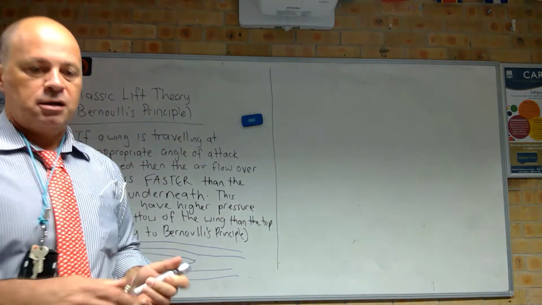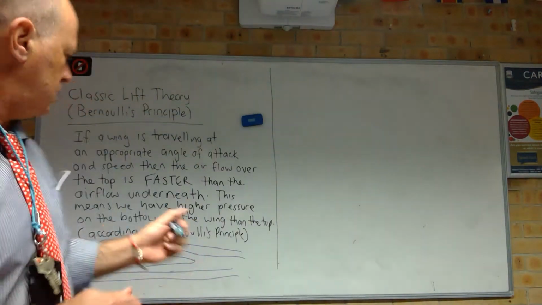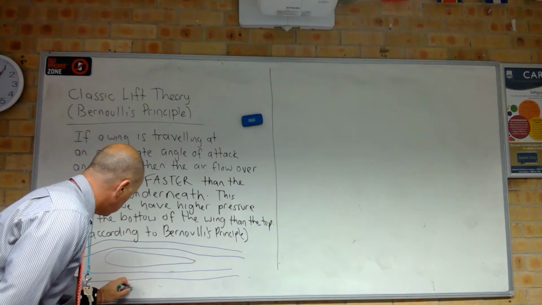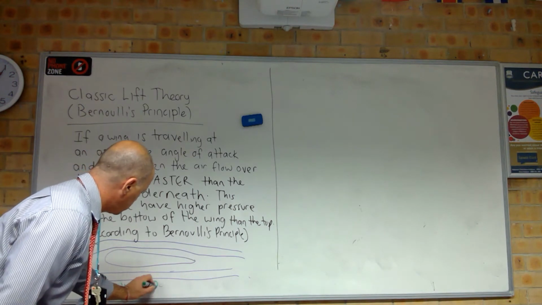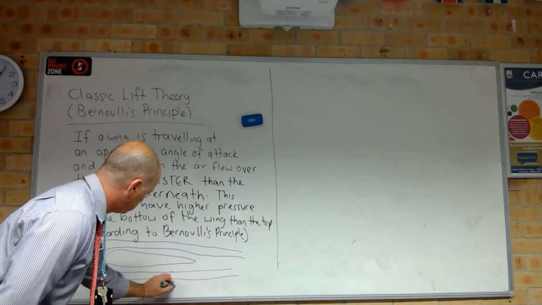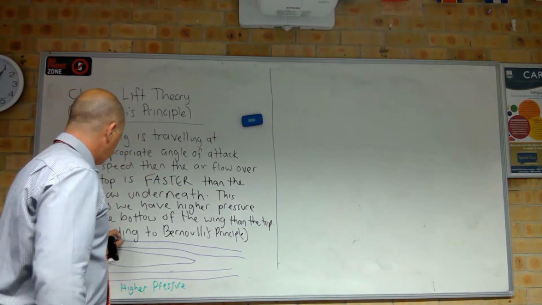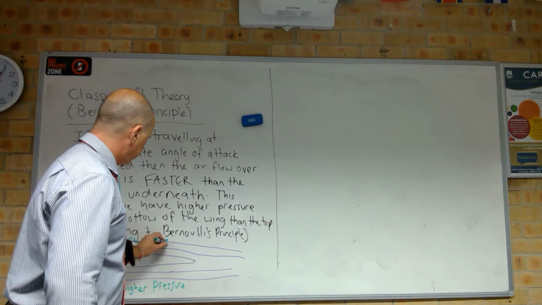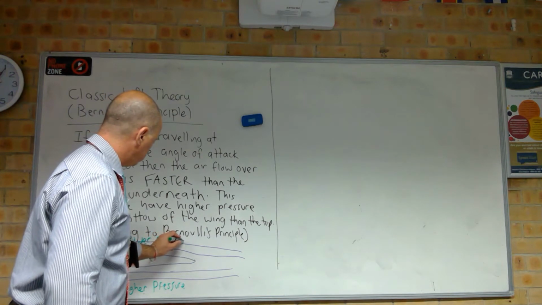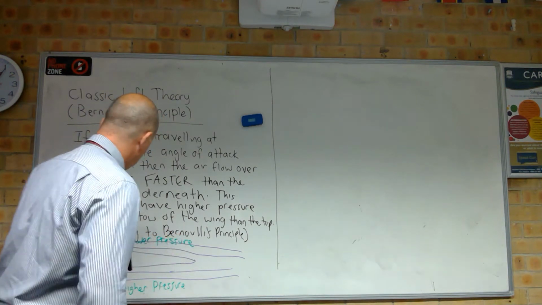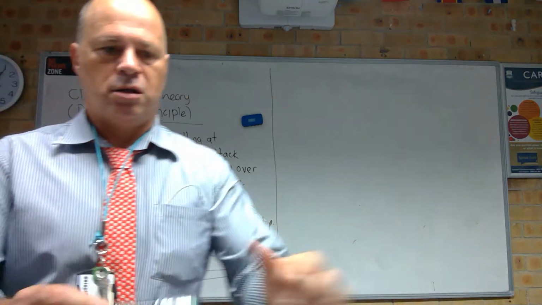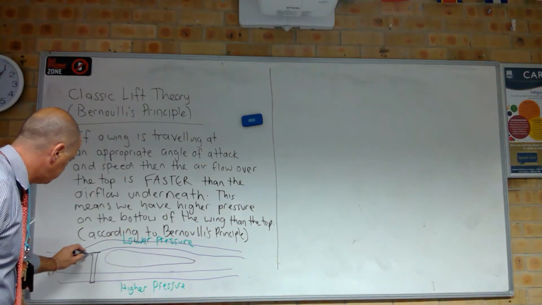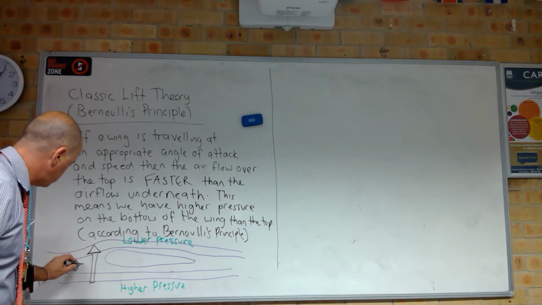Okay, and then you might write under here, underneath the bottom, higher pressure, and on top you could write lower pressure, and we could draw a little arrow up and write lift.